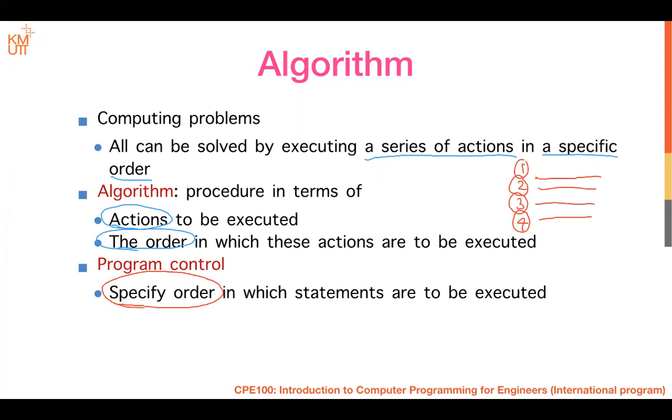A series of actions has to be in a specific order, and this specific order will have to be specified. So you will have a sequence of actions or instructions, right? But you need to make it in order.